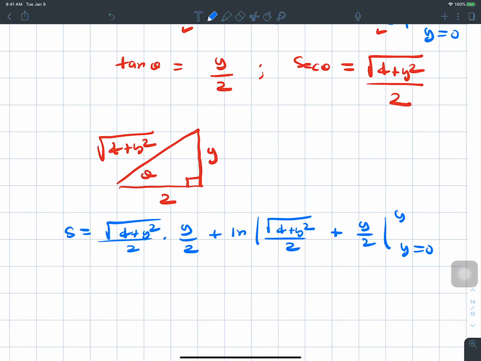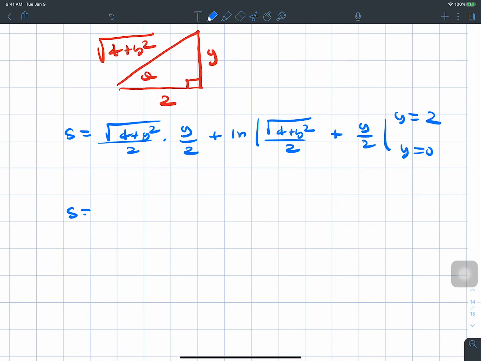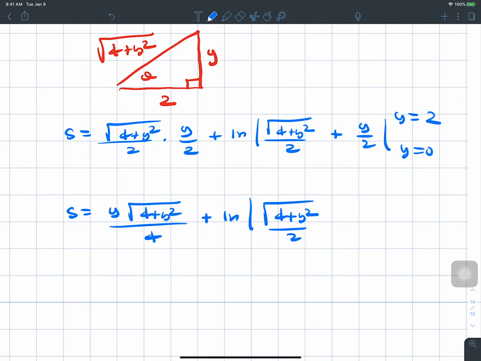For y is 0 to y is 2. So my arc length here is y square root of 4 plus y squared over 4 plus natural log, absolute value, square root of 4 plus y squared over 2 plus y over 2. And we're going to evaluate this from y equals 0 to y is 2.